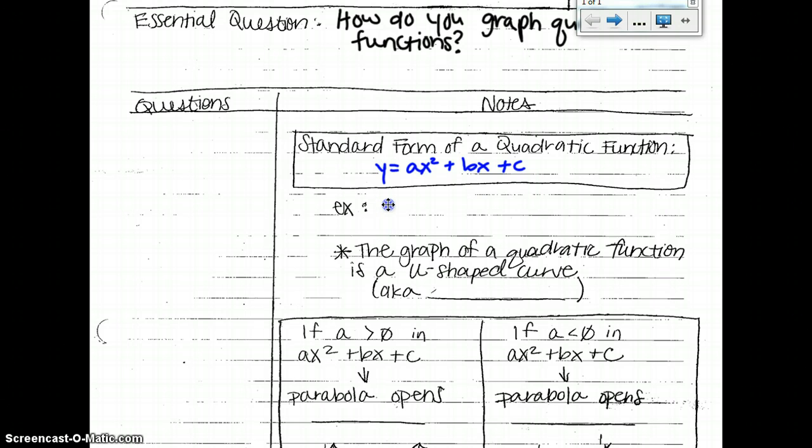So, for example, we would have y equals 5x squared, or y equals x squared plus 7. Or you could have all three monomials, and it'd be y equals x squared, let's go minus x minus 3. Notice how we have a monomial, binomial, and a trinomial.